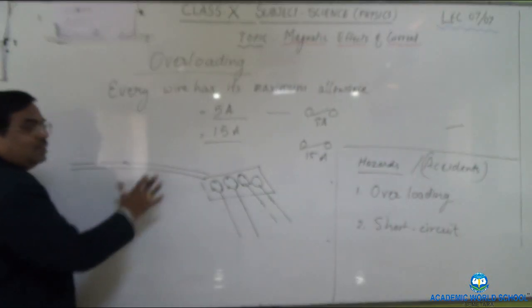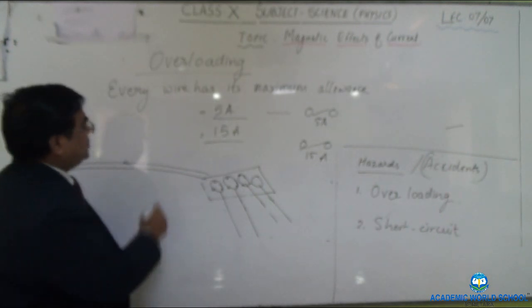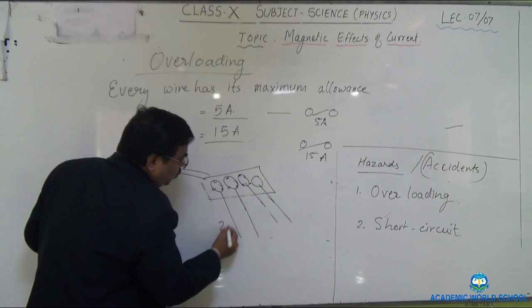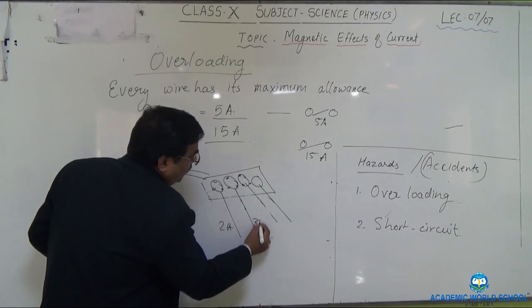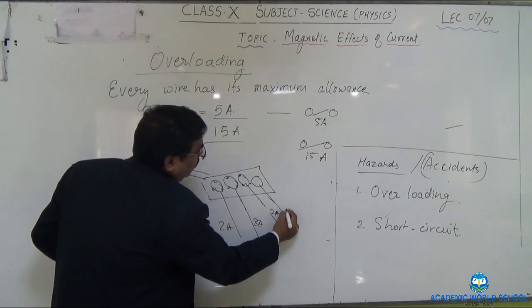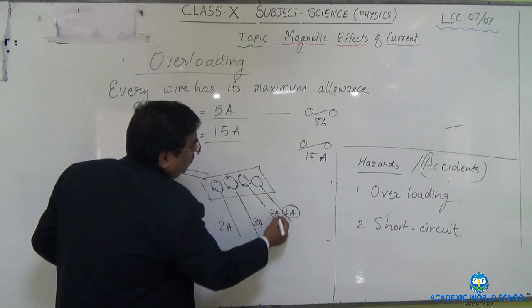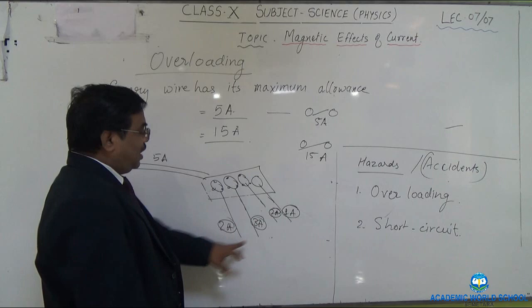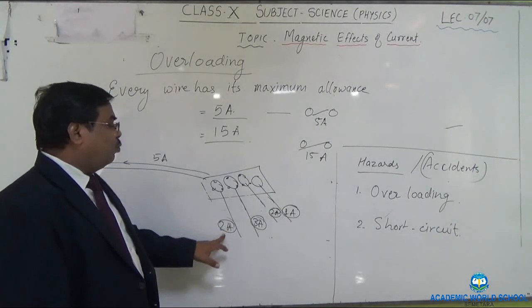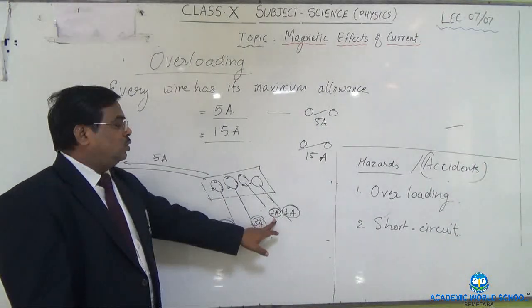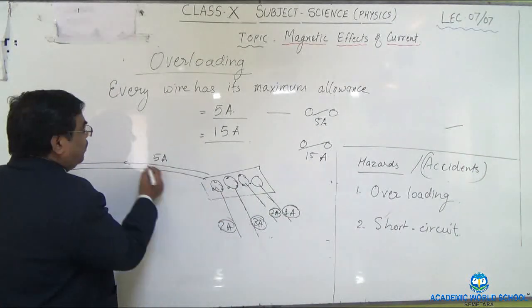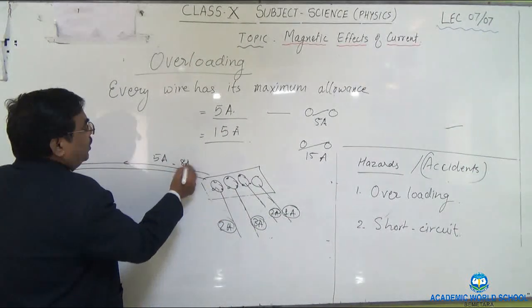Now say the maximum permissible was 5 ampere and you have connected 2 ampere, 3 ampere, 2 ampere, 1 ampere. Like this, 4 appliances you have connected. So total current will be 2 plus 3, 5, 5 plus 2, 7 plus 1, 8. So all that 8 ampere will flow in this.